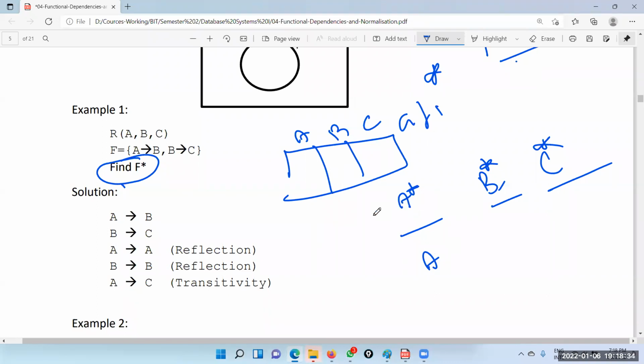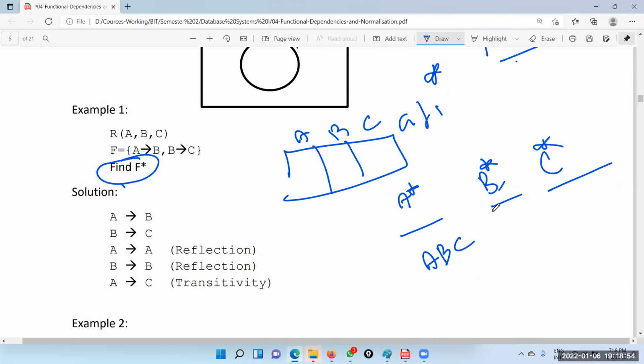Then A determines B, so B is also in it. Then B determines C. So by transitivity, if A determines B and B determines C, A determines C also. So A closure is A, B, and C.